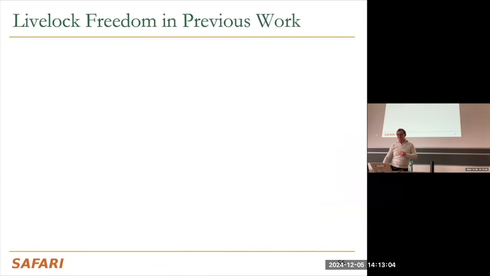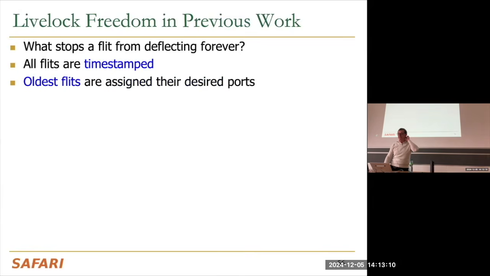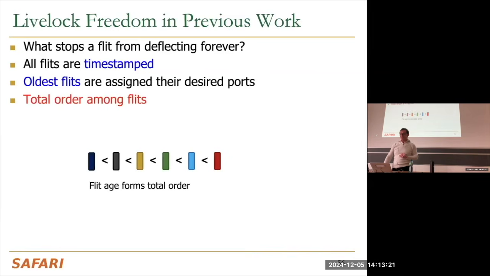Okay, let's talk about livelock freedom. So what stops a flit from deflecting forever? Essentially, you time step all flits, assuming everybody has the same time, which is also another problem, right? Synchronization. All the flits are assigned their desired ports, which means that all prior work imposed a total order among flits, and every router obeys that total order.